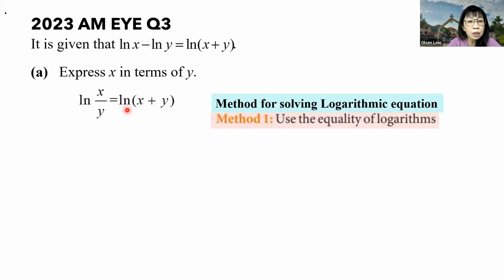In this case, you will notice that both ln functions have base e. So if they have the same base, then I can conclude that the values within the log function, x over y on the left and x plus y on the right, both have to be the same as well. That is why it is called equality of log.